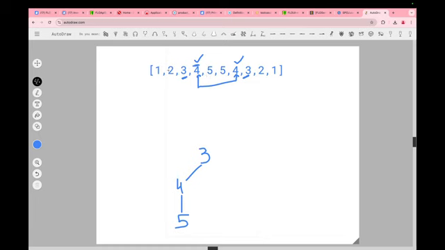Okay, now let's see about 2. Who are the direct children and who are the subtrees of 2? If you see, which elements are the subtree of 2? 3, 4, and 5. But which is a child of 2? For that, again, we will use that approach. We will go to the first index of 2 till the second index of 2, and we will start iterating for this particular subarray.